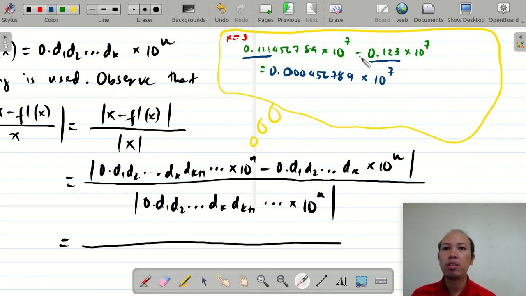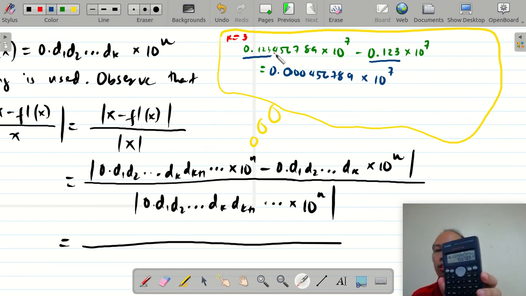Let's verify it first. Why is this correct? If we subtract 0.123456789 minus 0.123, we are correct.